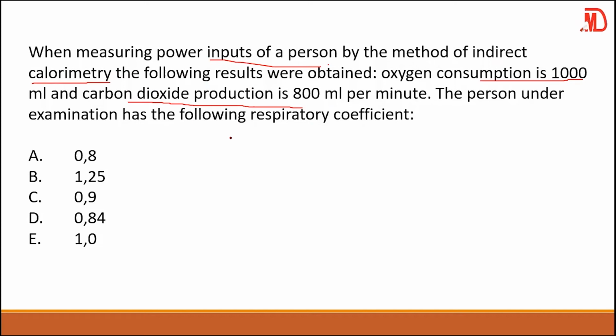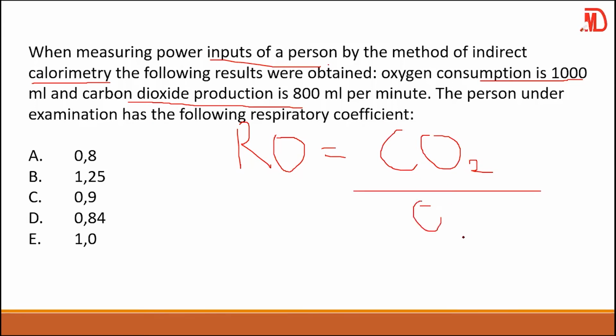So you need to know how to calculate respiratory coefficient, RQ. I hope you guys are writing it. RQ is equal to the volume of carbon dioxide produced over the volume of oxygen consumed.